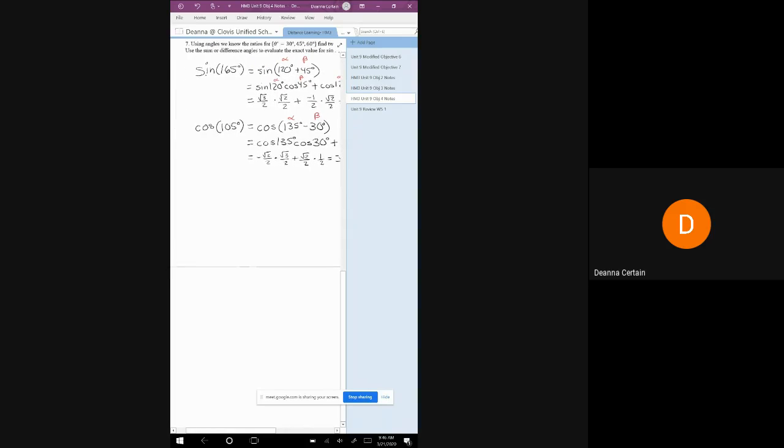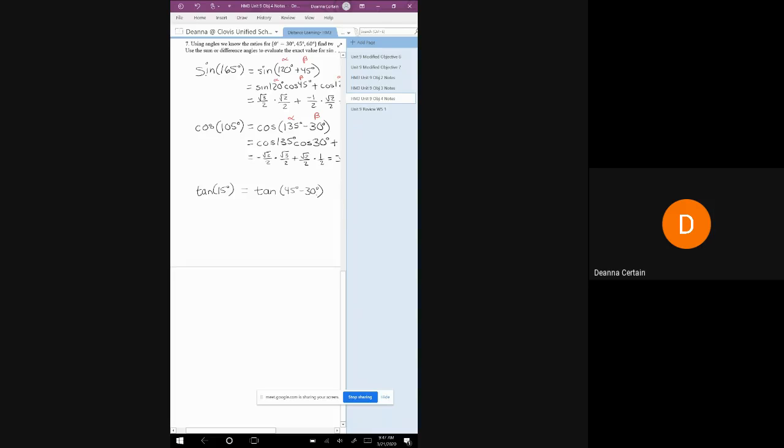Okay, so then one more to walk through, the tangent. Again, pause the video, try this one on your own. Restart it when you either have an answer or are stuck and need a tip. We have tangent of 15 degrees. When I did this one, I used 45 degrees minus 30 degrees when we did it in class.